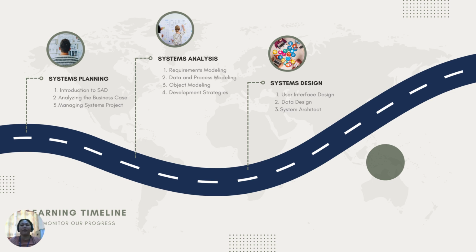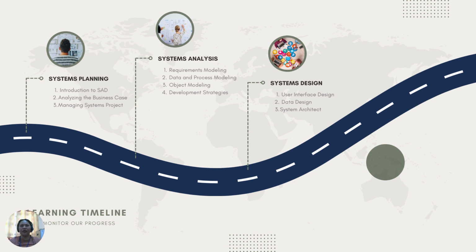To monitor our progress, I have prepared a learning timeline for each part. For systems planning, which is phase one, we will cover introduction to systems analysis and design, analyzing the business case, and managing systems projects. For phase two, systems analysis, I will be introducing requirements modeling, data and process modeling, object modeling, and development strategies.